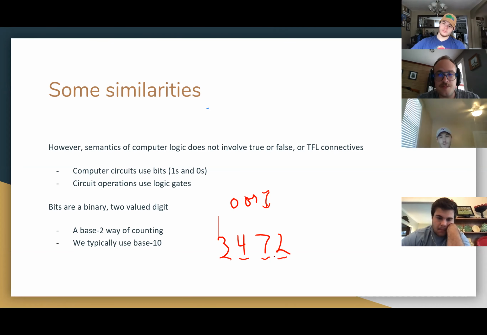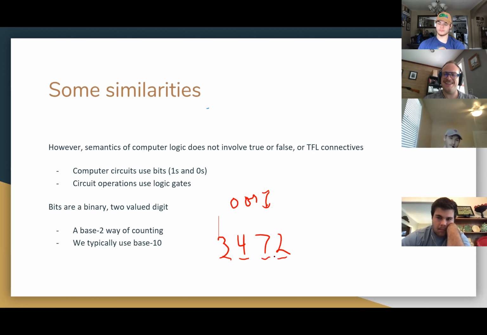And each one of those places can have 10 numbers associated with it, right? If you think about that, that seems really fundamental, like it has to be the way it is. But there are other ways to count. In fact, the fact that we use base 10 is sort of arbitrary.